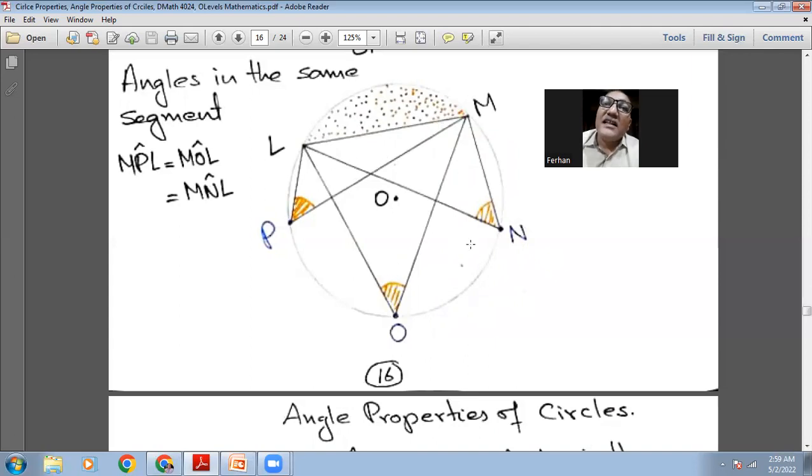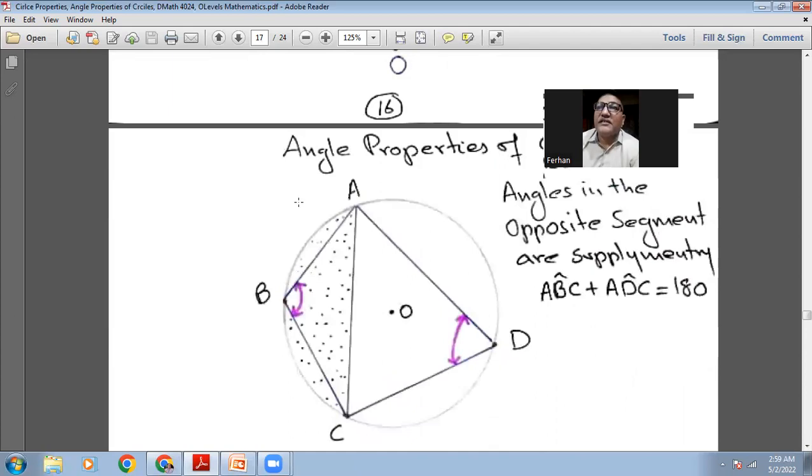So these angles will be equal to each other, and this is called the angles in the same segment. So if this angle is 50, this will also be 50, and this angle will also be 50. Angles in the same segment.